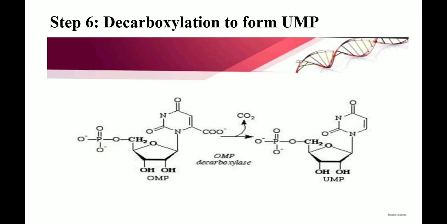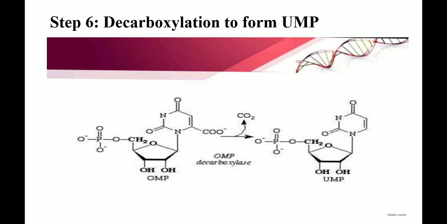Then the sixth reaction, which is the final reaction, is a decarboxylation to form UMP. The final reaction of the pathway is the decarboxylation, meaning there is a removal of carbon dioxide. From the word decarboxylation you can tell that there is a removal of carbon dioxide.